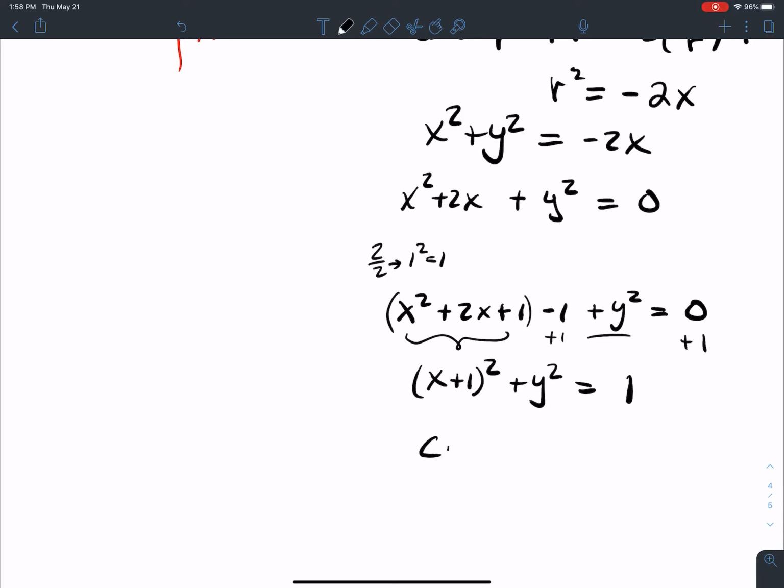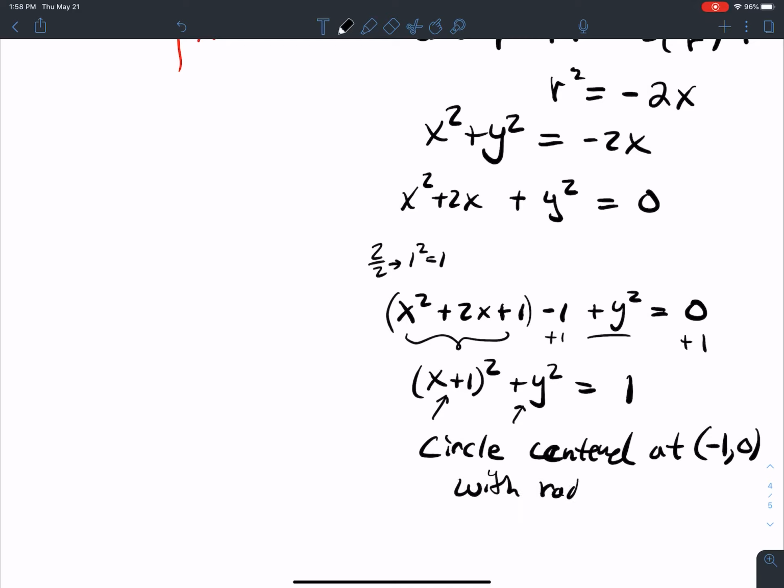So this is a circle centered at (-1, 0). So I move to the left 1 and 0 for the y, with radius equal to 1. Okay, so what does this polar graph look like? I'm centering right here at (-1, 0), radius of 1.